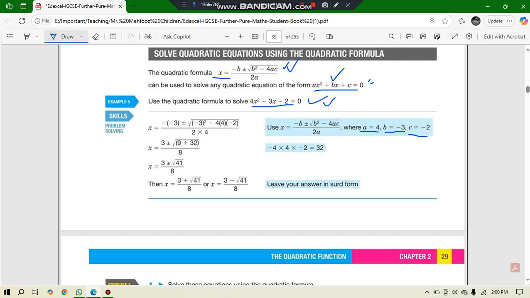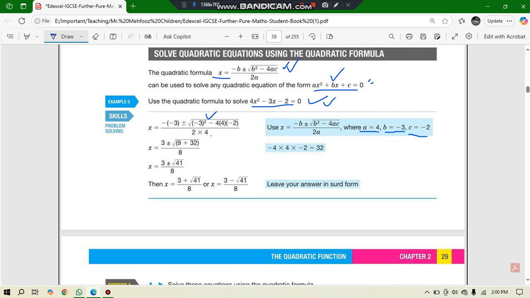After that we just put the values into the quadratic formula, that is minus times minus 3 plus minus the square root of minus 3 whole square minus 4 times 4 times minus 2, over 2 times 4. Now we just have to simplify it.